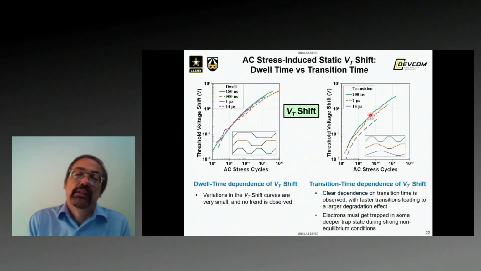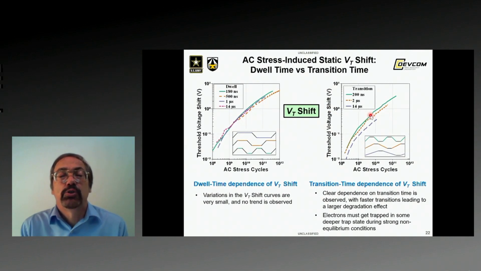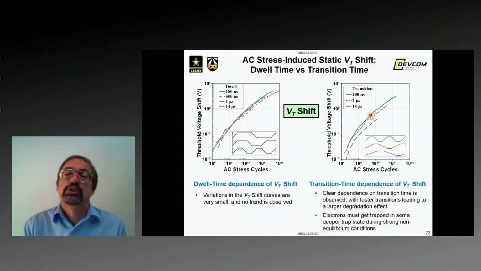And this must be due to electrons getting trapped in some deeper trap state where they are not able to tunnel back out with a change in bias. And the faster the transition occurs, the more likely this is to happen.